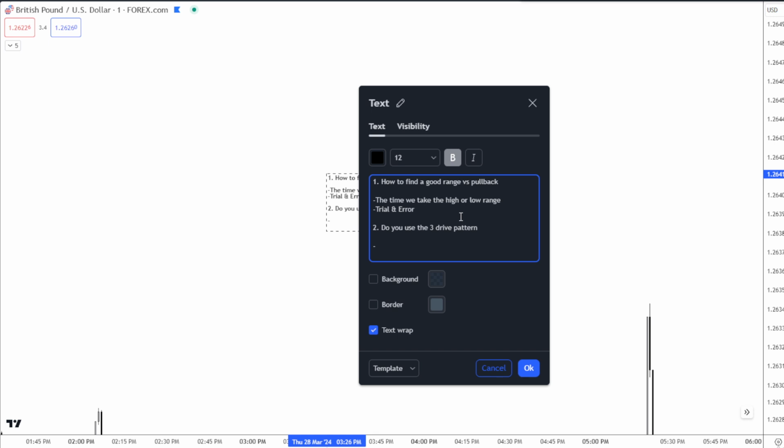Or if you're just waiting it out and you see that, then it's just extra confluence, yes, but not a rule.